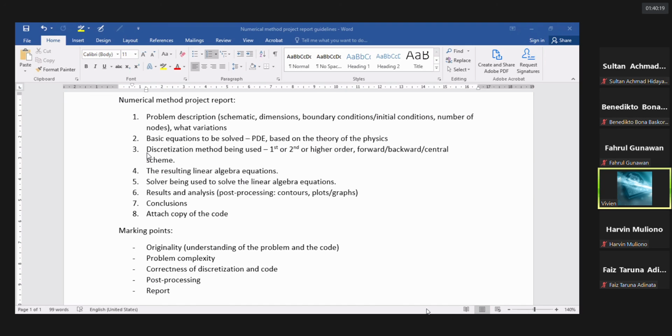Because of the limited time available next week, perhaps not all the groups can present, probably only 4 or 5 groups, probably half. But if you present it in the discussion, that will be an additional point for you.